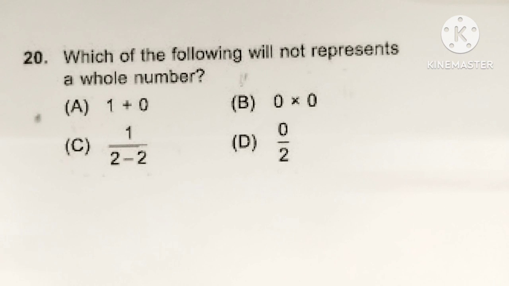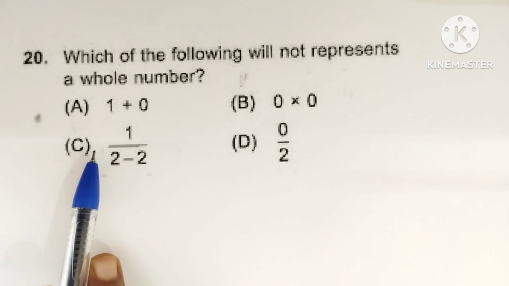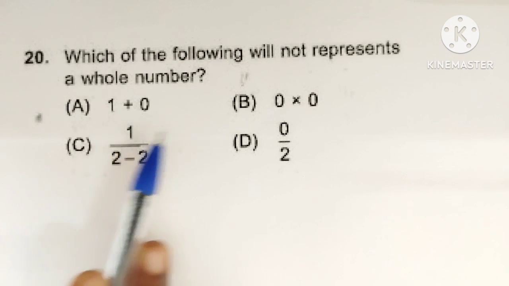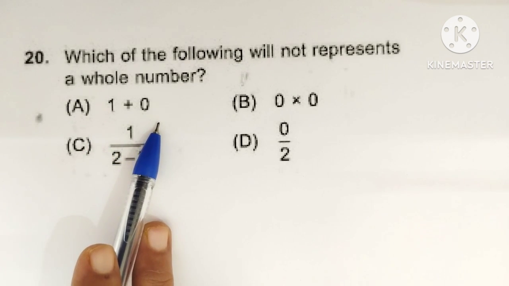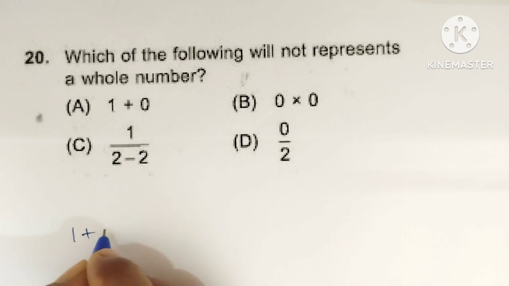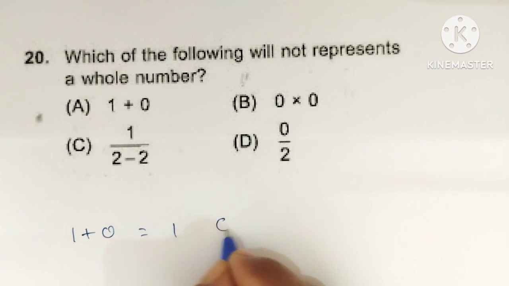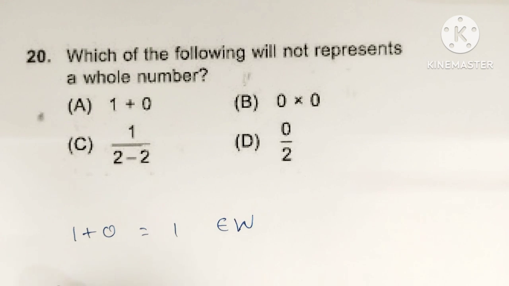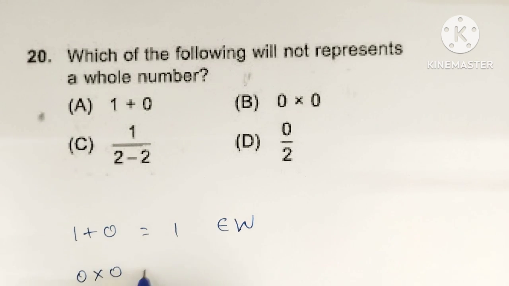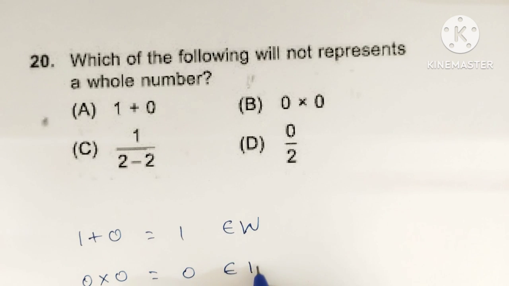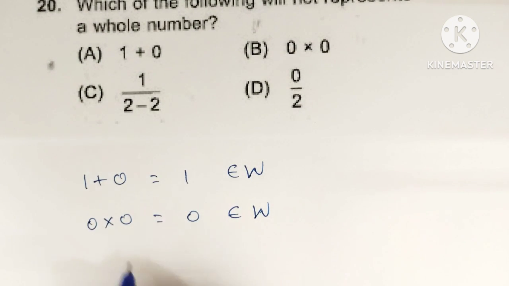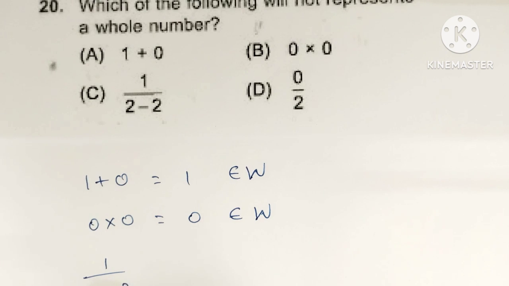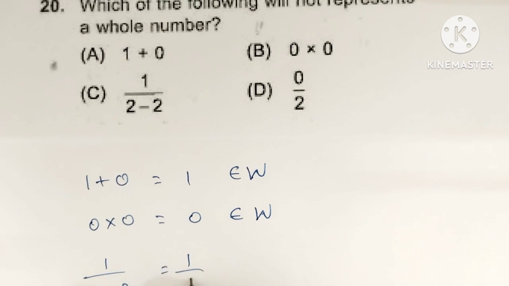28th question. Which of the following will not represent a whole number? A, 1 plus 0 equal to 1. It is a whole number. B, 0 cross 0 equal to 0, which is also a whole number. And C, 1 by 2 minus 2, which is equal to 1 by 0.